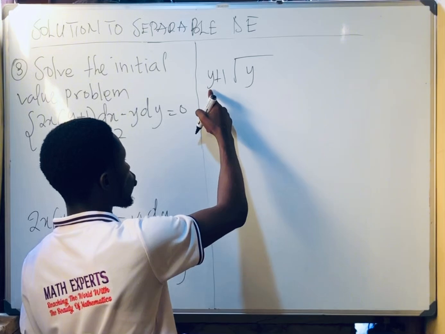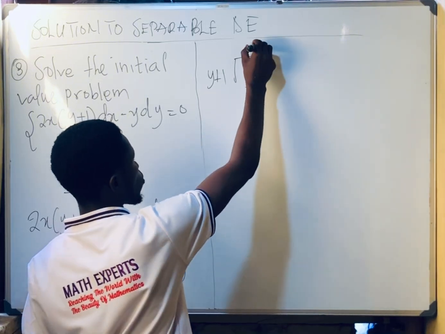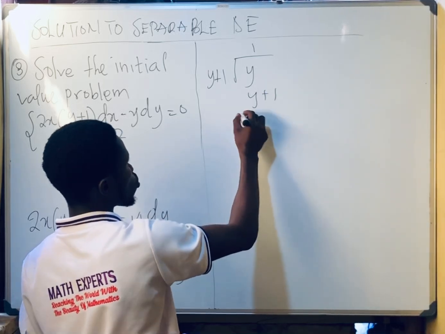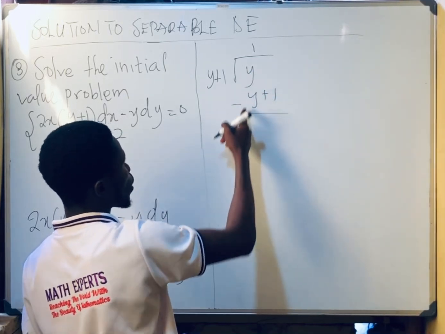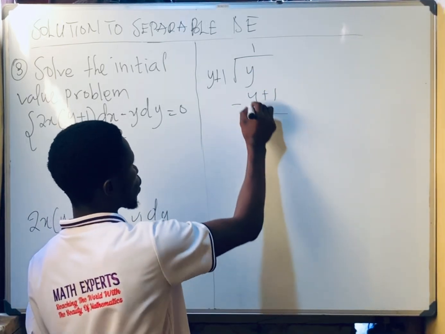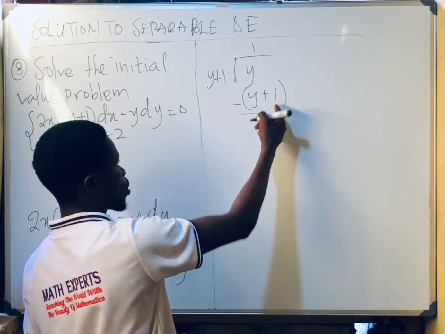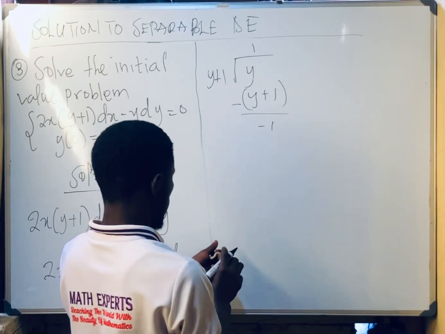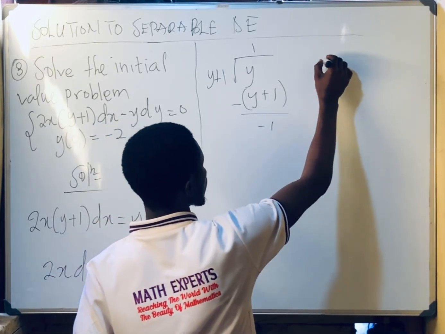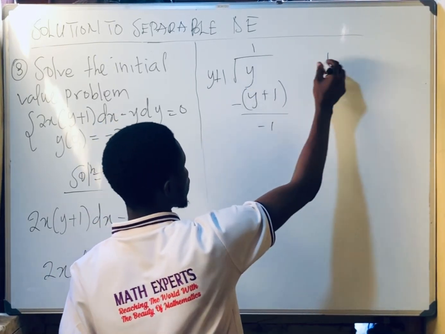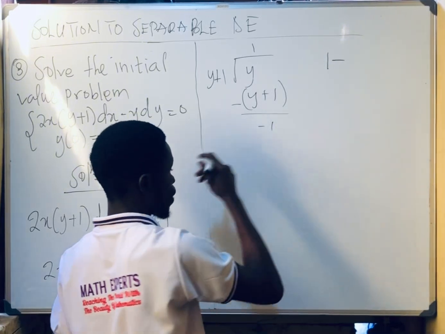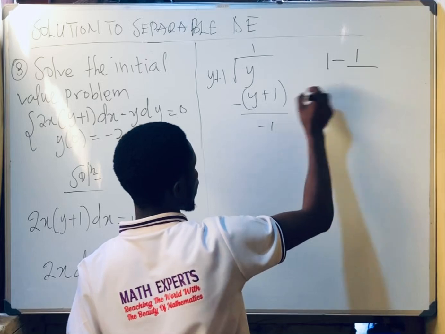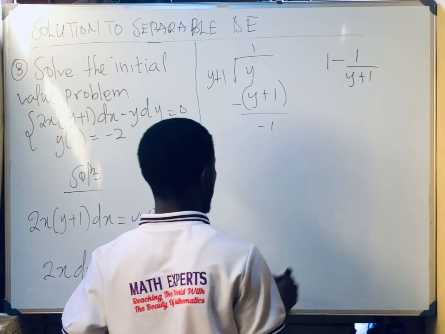So y divided by y gives 1. 1 times y is y plus 1. So we subtract. Then when you do that, 1 minus 1 gives -1, so that this and that go to 0. So if you want to write this, it becomes the quotient plus, but because here is minus, minus 1 over the divisor, which is y plus 1.